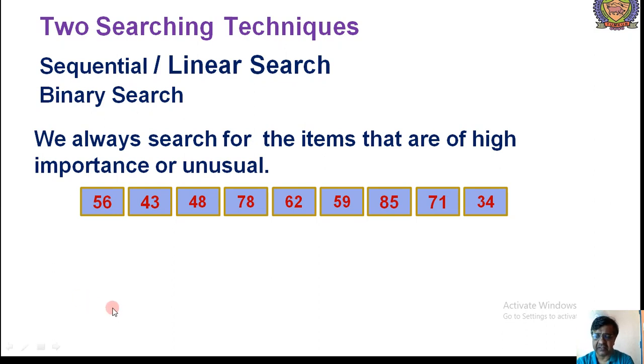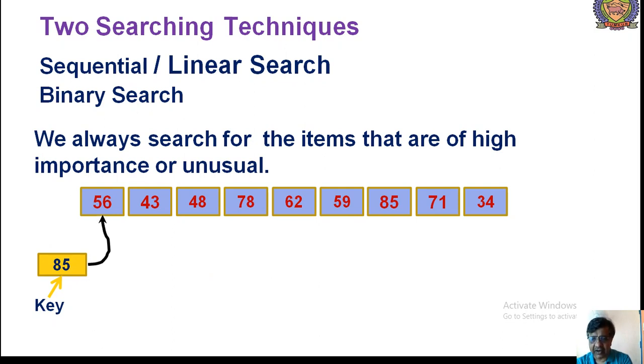These are all the weights of 7 people, and we want to search, is there any weight of 85 kg in the list of entrants or list of selectees? 85 is there very much, and this becomes a predominant figure among the weights because it is something unusual or something significant, let us say.